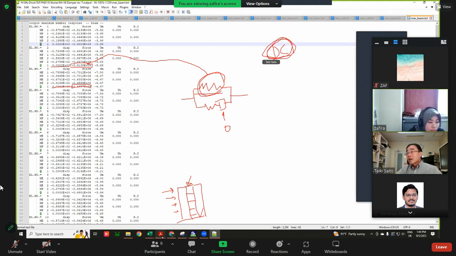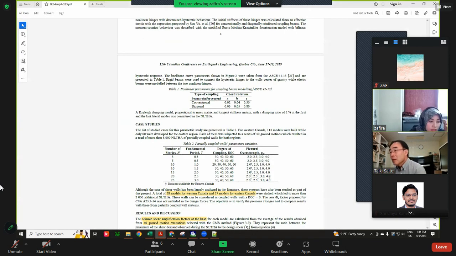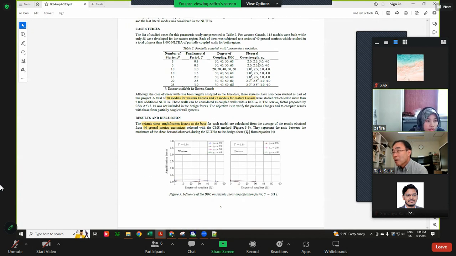I also found a paper, Sensei. This researcher studied the degree of coupling. He limits the degree of coupling from 30 to 60, with different numbers of stories and different periods of the building, which also give different responses.